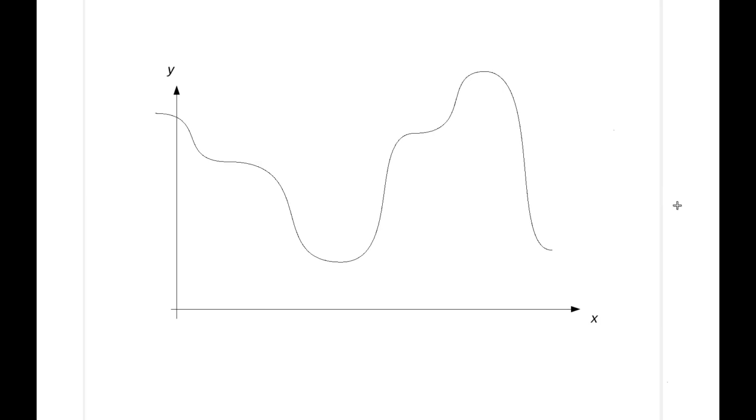Okay, so what are turning points? Well, let's have a look. We've got this waveform here of some nature, some plot of x against y, or y against x. Now the turning point is where the gradient is equal to 0. Anywhere where the gradient is equal to 0. So we've got a number of these here.